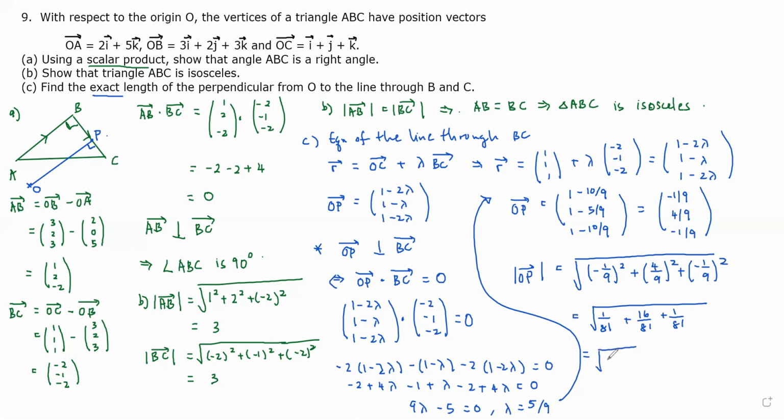So we have square root of 18/81, which can be written as 1/9 square root of 18, since square root of 81 is 9. 18 is 9 times 2, so that is 3 square root 2, and then multiply by 1/9. That gives us 1/3 square root 2 units. That would give us the exact length.